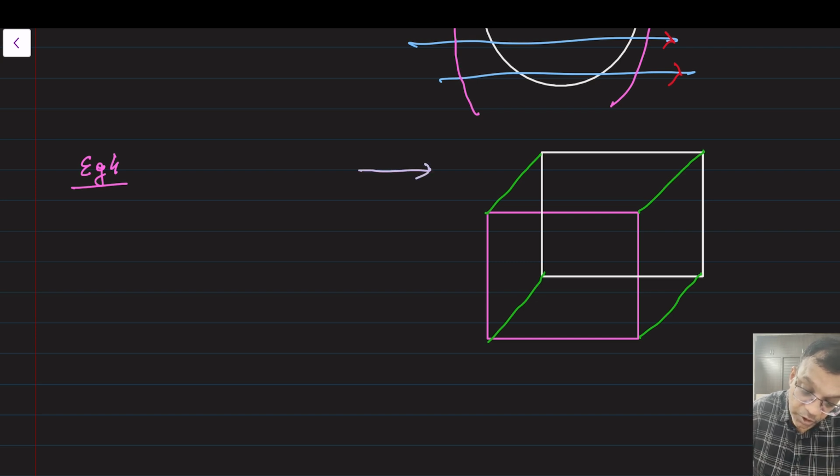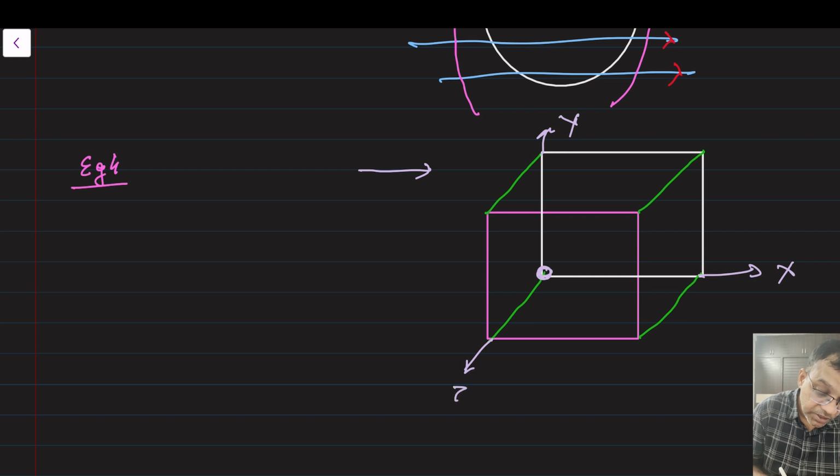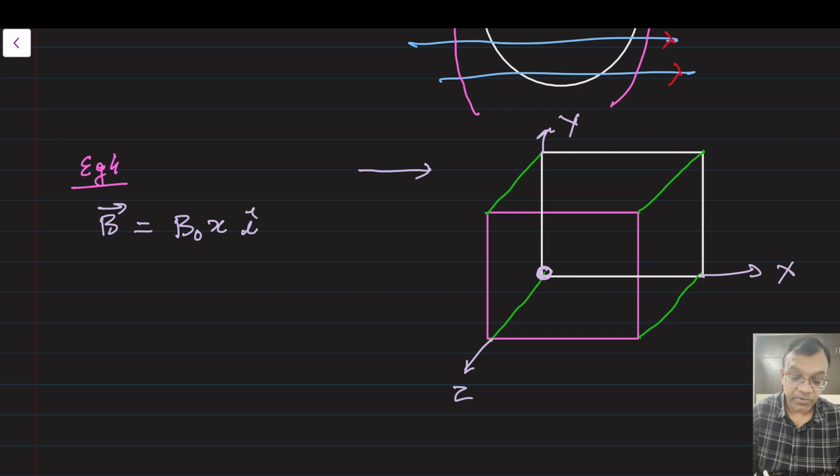Say this is the origin, this is the x-axis, this is the y-axis, and this is the z-axis. Here it is placed in a magnetic field given by B = B naught x i cap, and along the y and z axes it is 0. We have to find the magnetic flux linked with it.